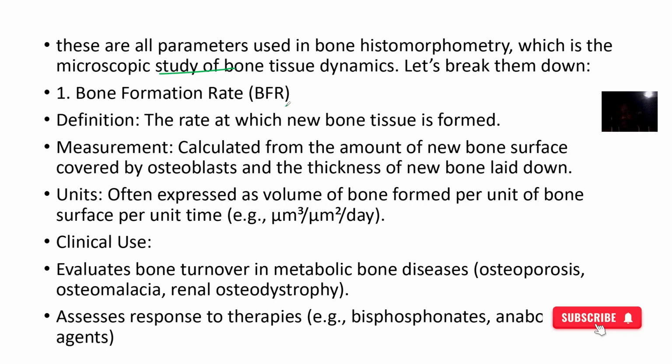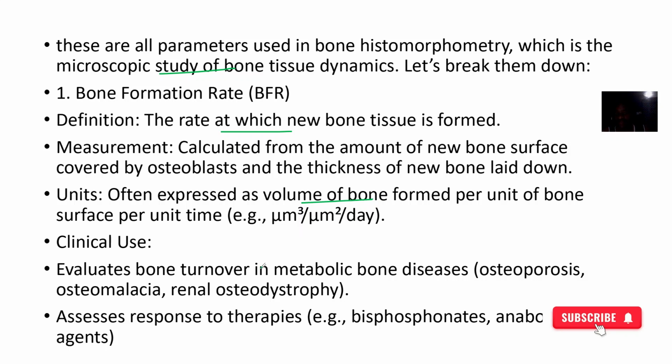So bone formation rate is the rate at which new bone tissue is formed. It is calculated from the amount of new bone surface covered by osteoblasts and the thickness of new bone laid down. So it's often expressed as what? Volume of bone formed per unit of bone surface per time.